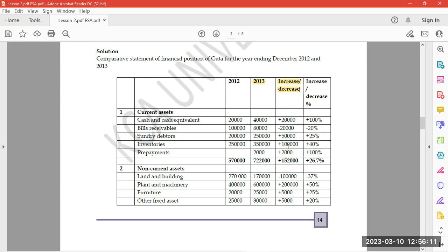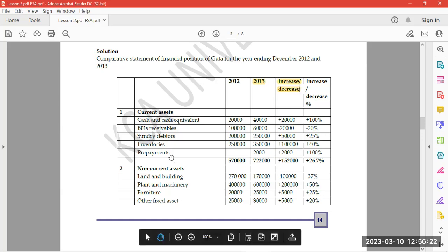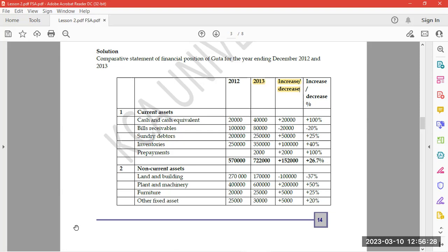Then you can come here, take 100,000 divided by 250,000, you are going to get 40%. So if you sum up all the current assets, you are going to get 26.7% as an increase, because it is a positive figure.